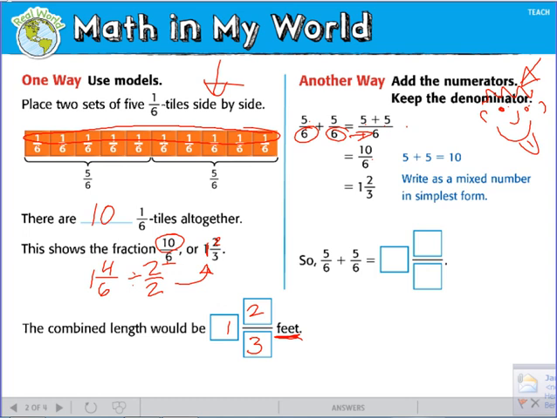Okay? From 10/6, we're going to change it into a mixed number. 6 goes into 10 how many times? 1. What's left? 4. So 4/6. Alright, then we reduce it to make it 1 2/3. Don't skip this step, please.